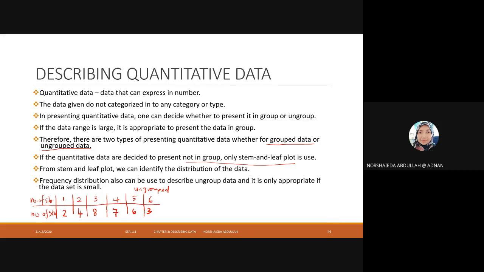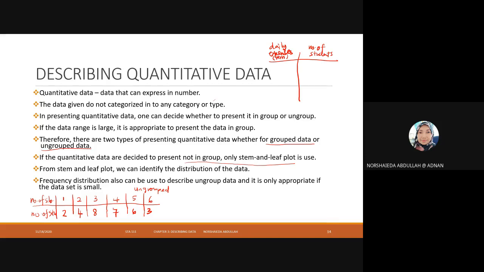So in this case, with a large range, we need to group the data. For example, we do it like this. The data is the daily expenses, the amount of money spent per day, and the frequency is the number of students.